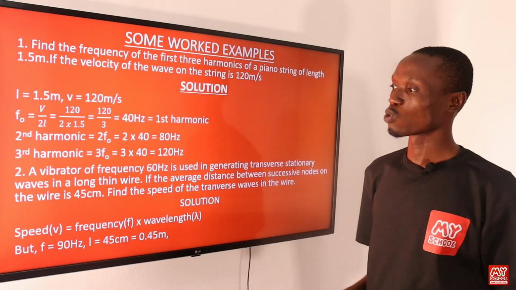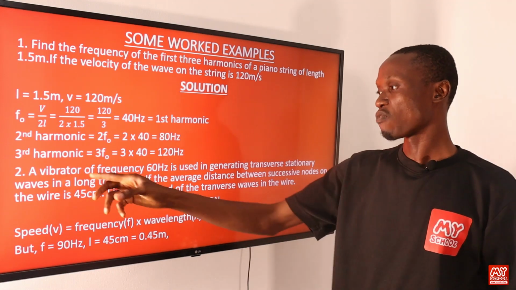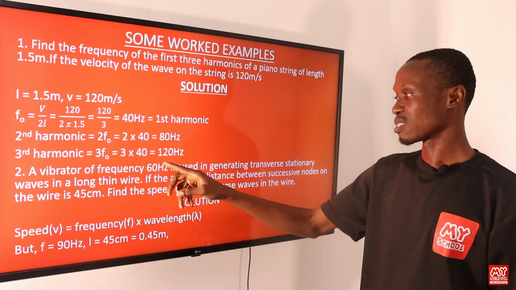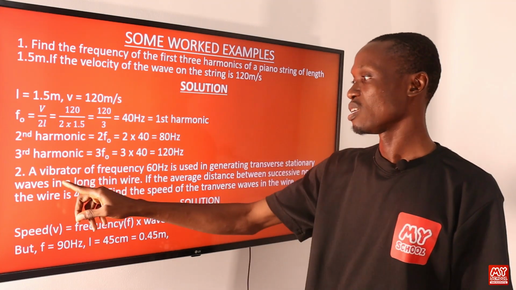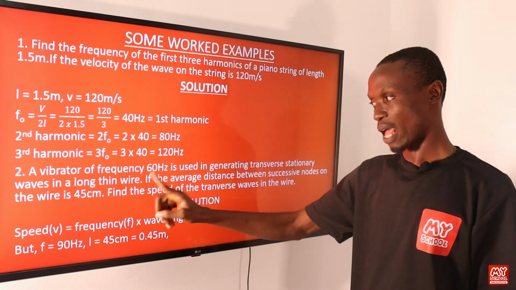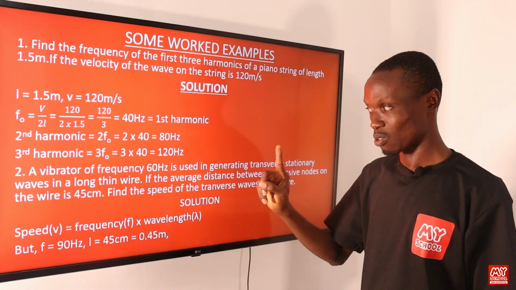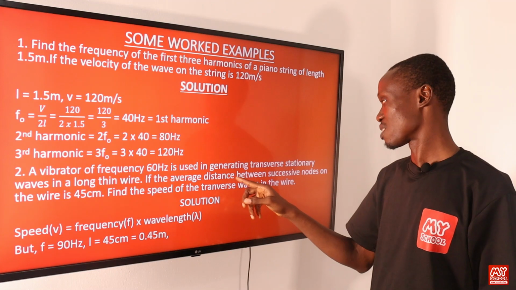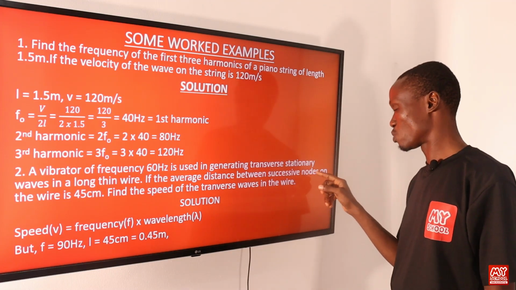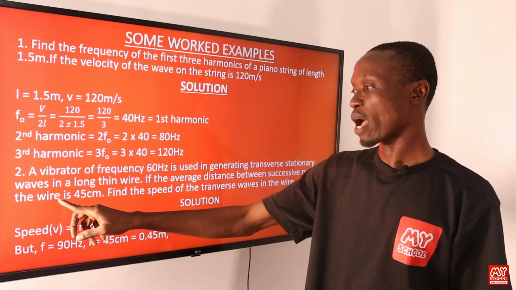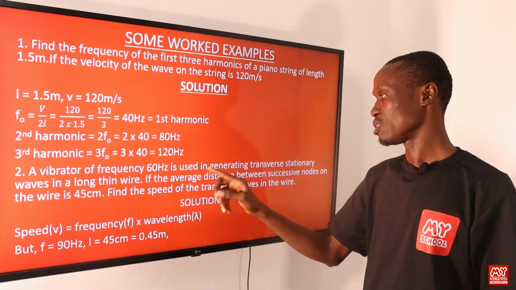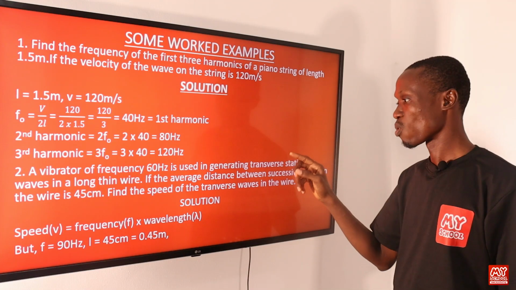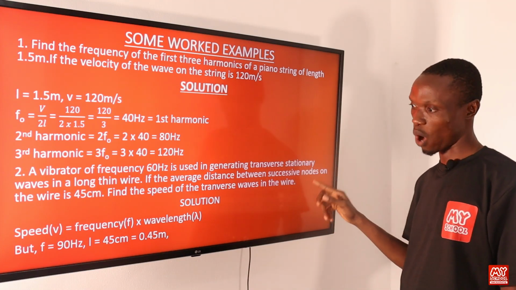Okay, so let's move on to example 2. A vibrator of frequency 60 hertz is used in generating transverse stationary waves in a long thin wire. So here they are still talking about a string. If the average distance between successive nodes on the wire is 45 centimeters, find the speed of the transverse waves in the wire.